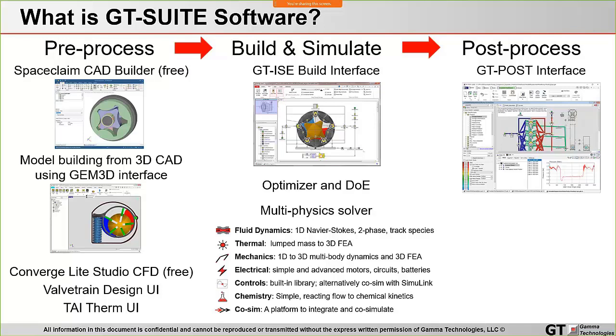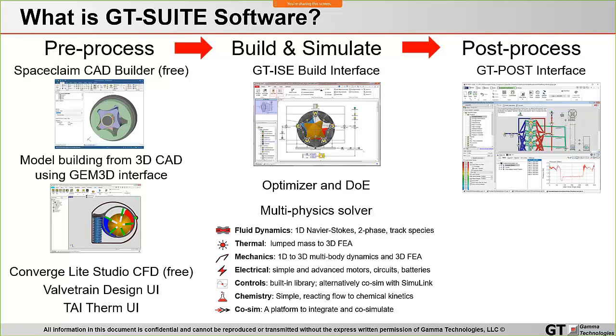And this is really a great interface where you can take a raw 3D CAD file and discretize it into a fluid model or a thermal model or a mechanical model, and integrate those different physical domains together all in one shot. Now, there are also other UIs that are for pre-processing of a model in GT, and that includes the Converge Light Studio, which again is free in its light form for every license of GT.